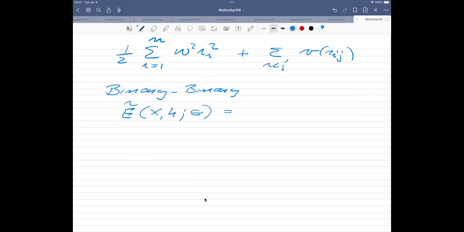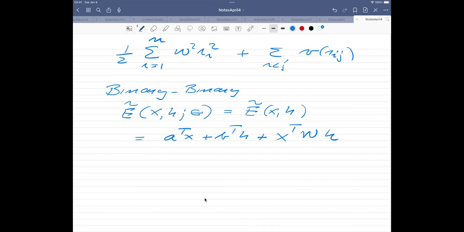So I'm just going to write this as an e tilde of x of h. I'm just going to skip the theta because the parameters will just appear immediately here. So what I'm getting then, if I look at this function, is that this is given by some a transpose x plus the b transpose times h plus x transpose times the matrix with the weights times h.